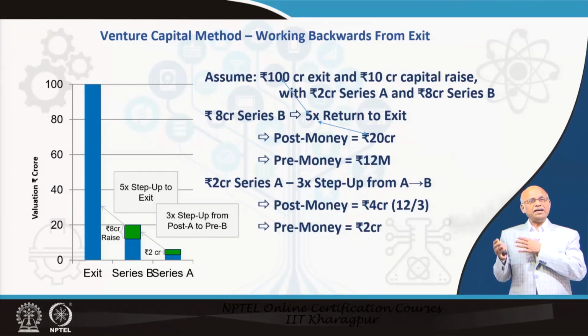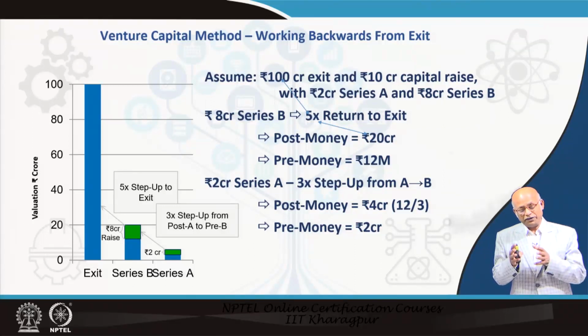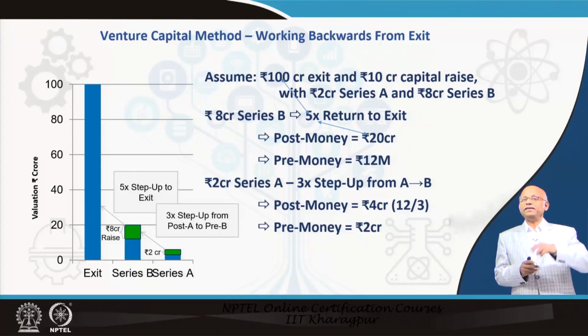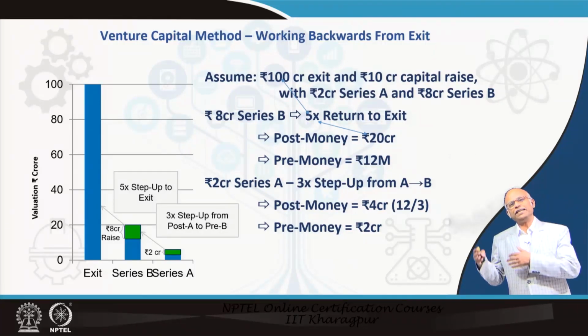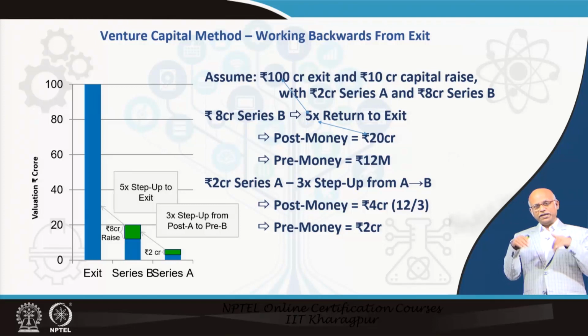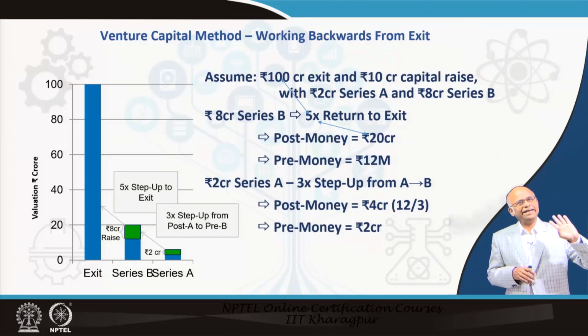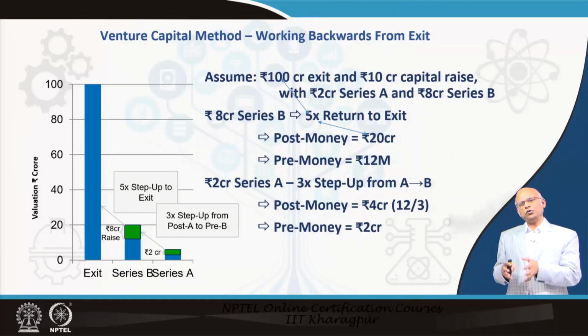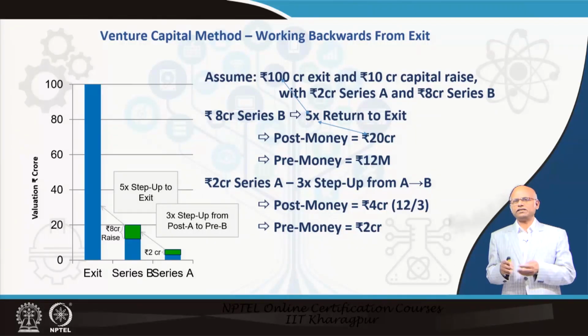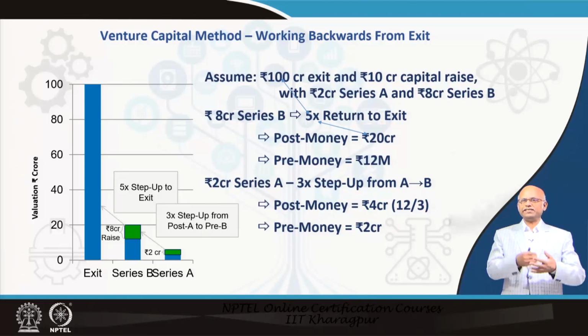You remember that post money valuation is available by dividing the exit value by the expected rate of return. Now, here the pre money of the second round becomes the exit value, because that is another round of funding. And suppose your first round investor expects a 3x return.